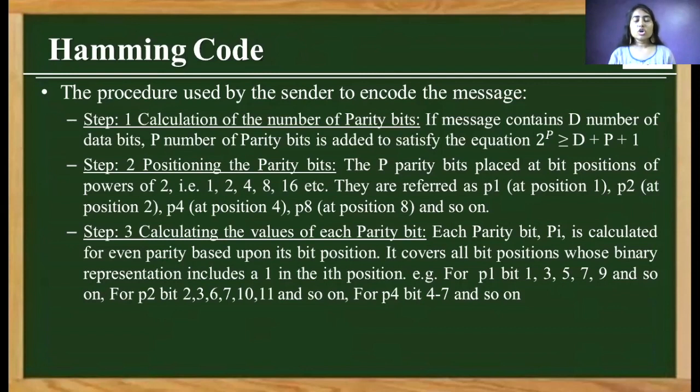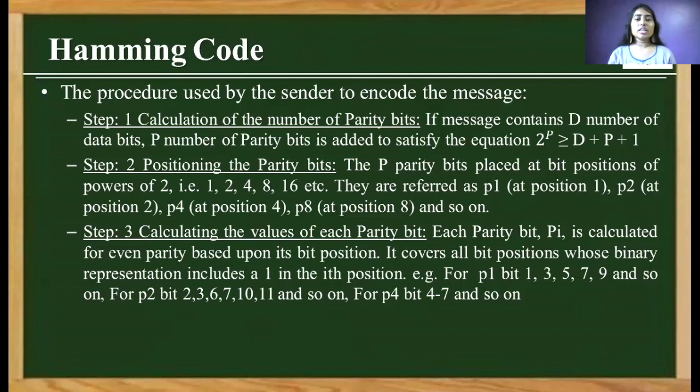That means positions 1, 2, 4, 8, 16 are allocated for parity bits. The first bit is parity bit P1, then P2 for position 2, P4 for position 4, P8 for position 8 and so on.